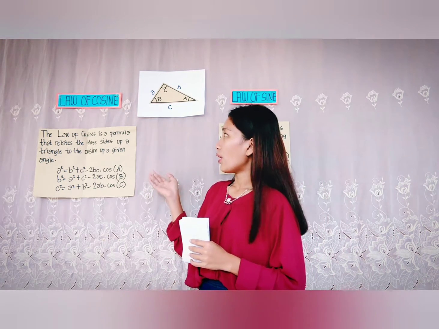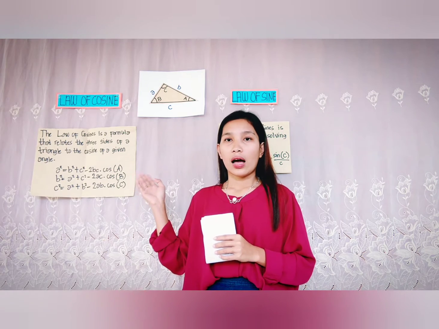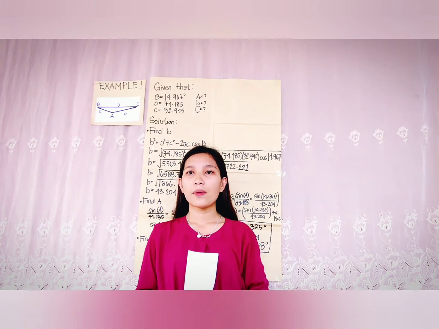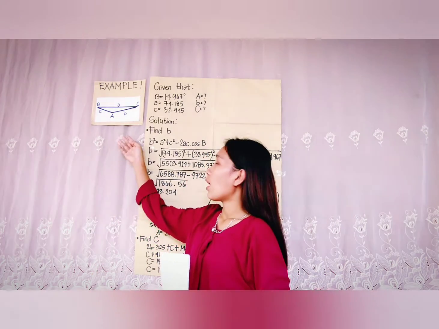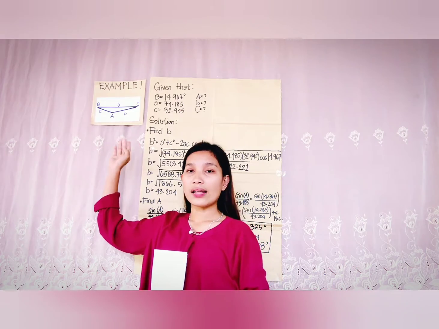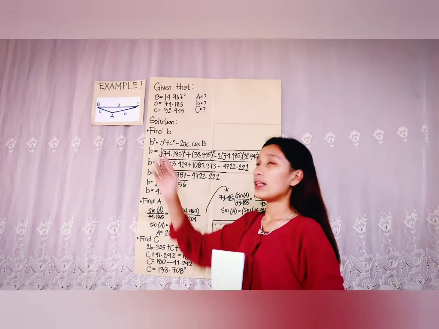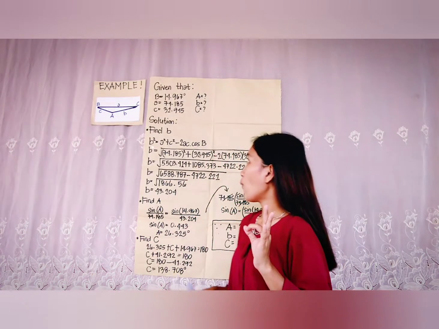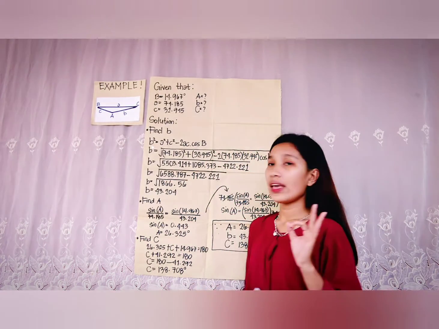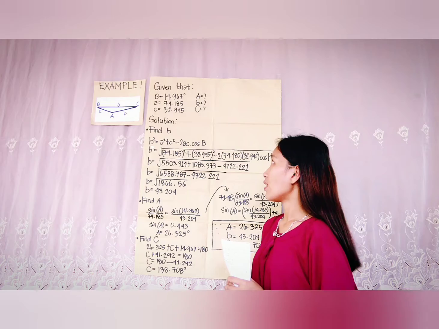And now, in order to really understand how we use the formula, let us proceed to the example. Example number 1. So this figure is an oblique triangle. We need to find the sides and angles of this triangle. But we already have 3 given parts, which are side a, angle B, and side c.